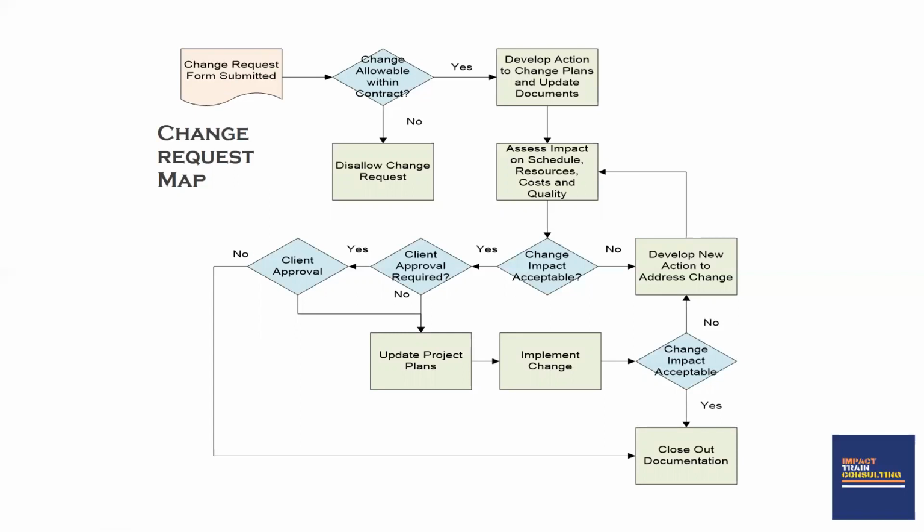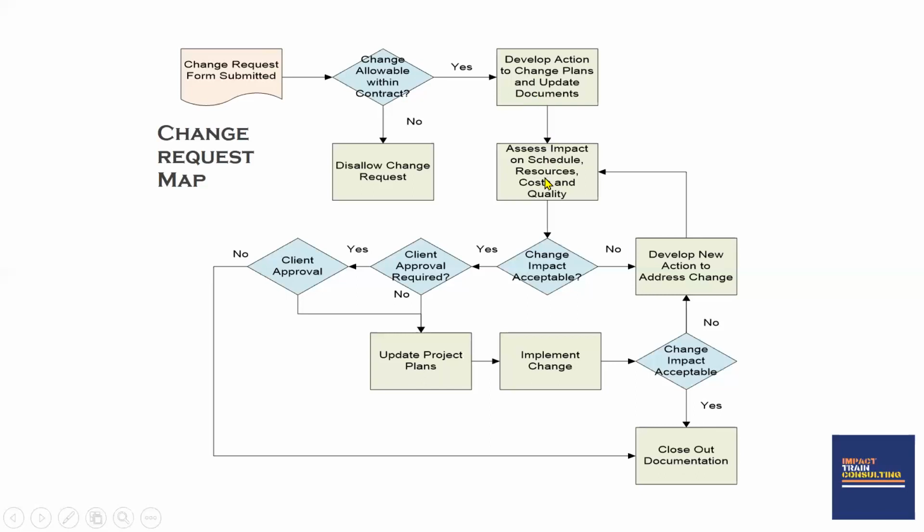You don't just give approval or disapproval without looking at, is this change allowable within the contract that we had with these partners? And if the change is allowable, you ask them to update the documents based on the change. So if the change is allowable within the contract, you go ahead and update your documents.